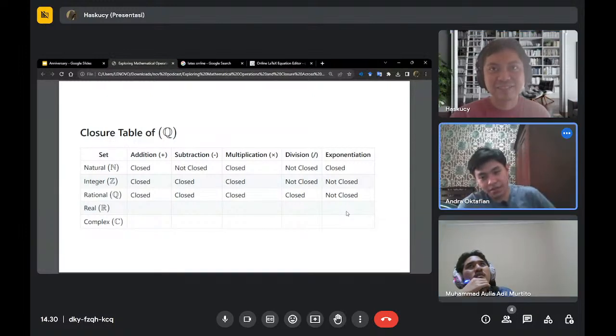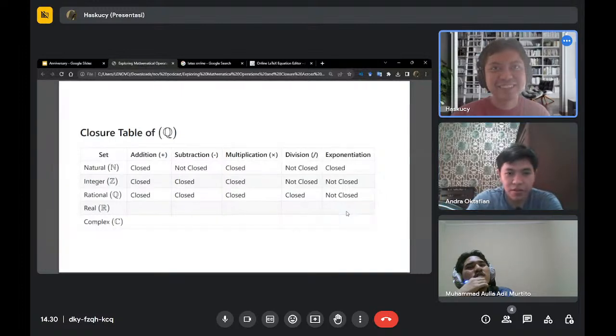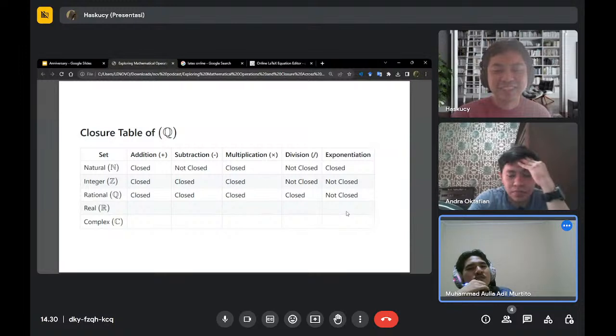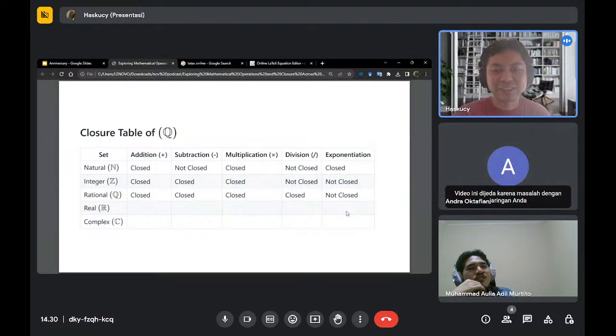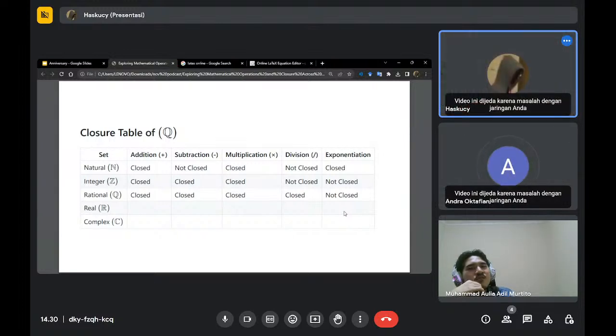Hold on. Really? No, no, no. It isn't closed. It is easy for exponentiation: -1 to the power 1/2. That's not real, so it's not closed. But for division, I am not really sure.